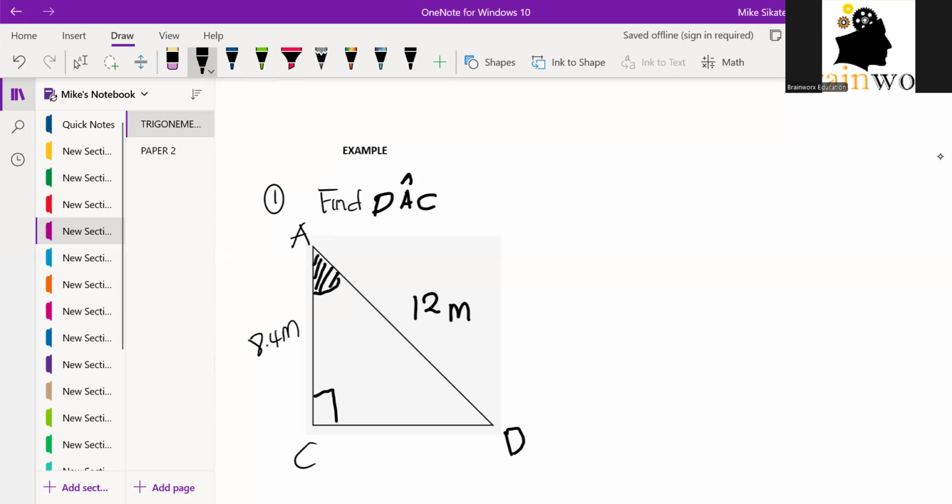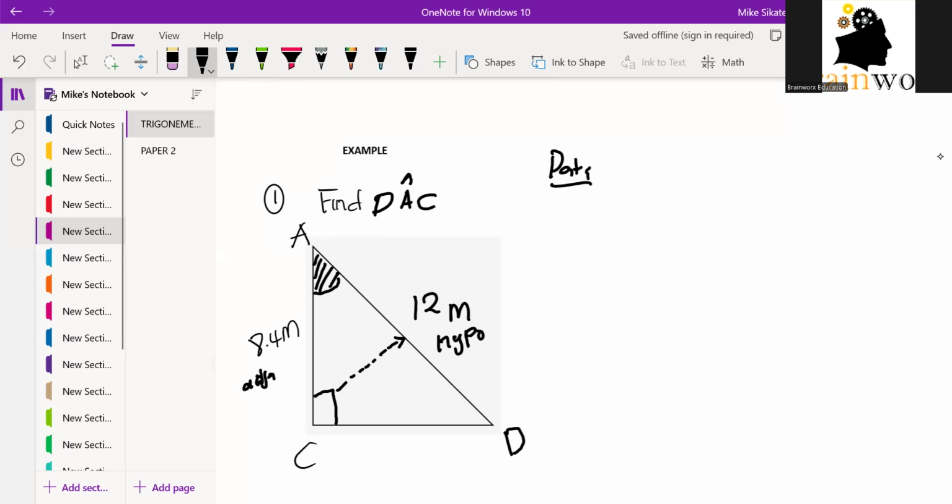So let's find the hypotenuse. The hypotenuse is right there. 12 meters is the hypotenuse. And this side is right next to this angle DAC, so this is going to be the adjacent side. So let's collect data.